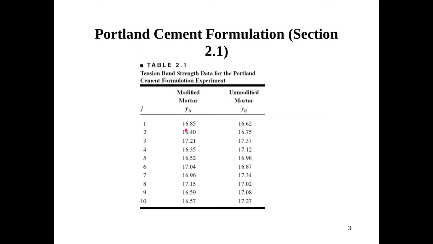We have the modified mixture, 10 samples, with their tension bond strengths listed here, and the unmodified mixture tension bond strengths listed there. Looking at these two data sets, it's very difficult to say whether there is a decrease in tension bond strength of the modified mixture versus the unmodified mixture, because the numbers are kind of all over the place.